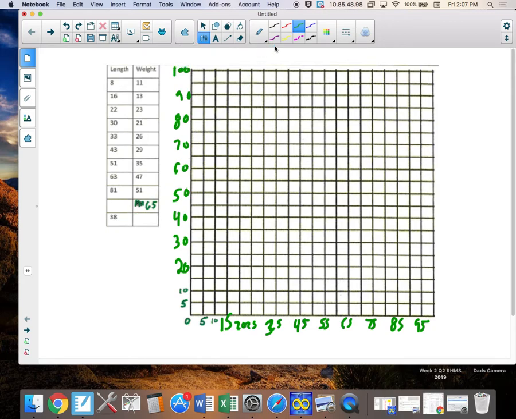Alright, so now we're going to graph our points. First one, 8, 11. So 8's right about here, 11's right about here. Our next point, 16, 13, so 16, 13. 22, 23. 30.